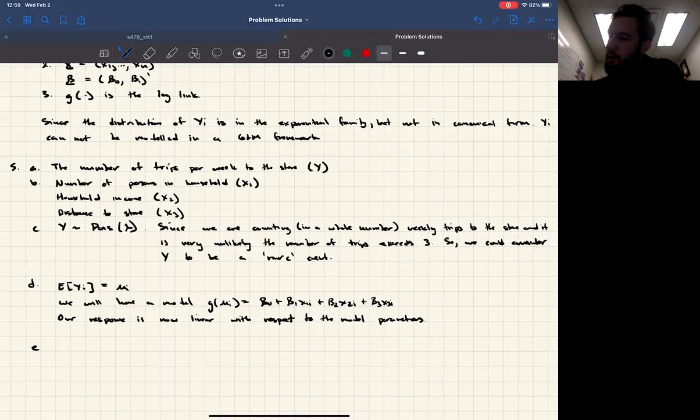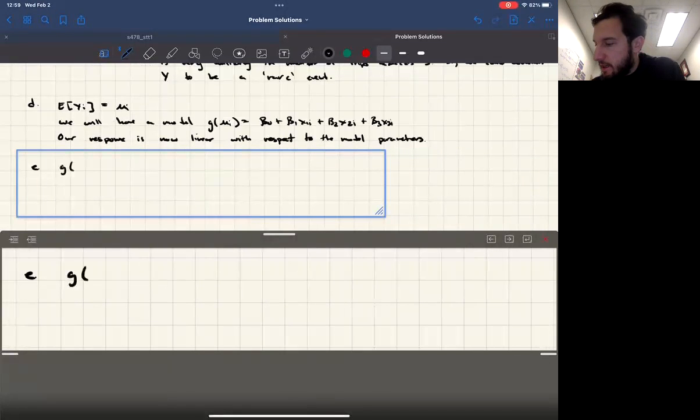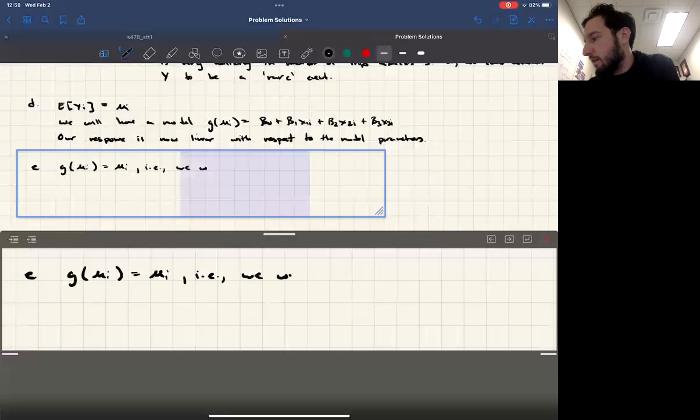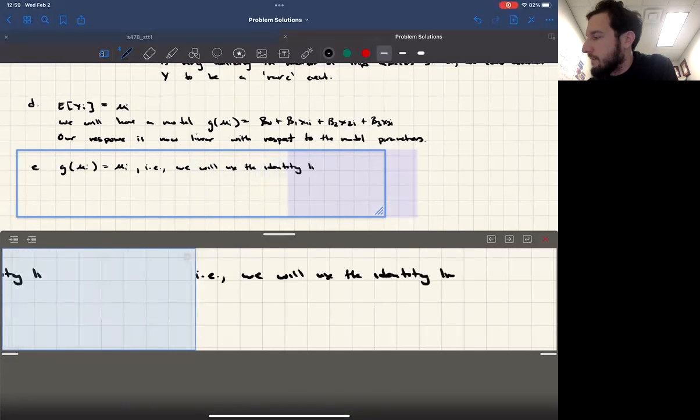So my inclination here, given the problem, would be to say g of mu i is equal to mu i, i.e. we will use the identity link.